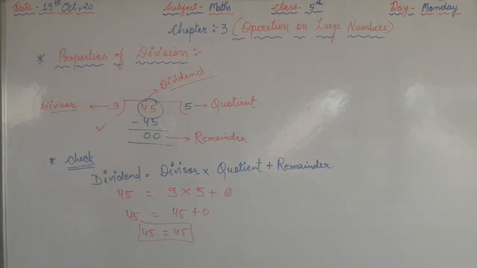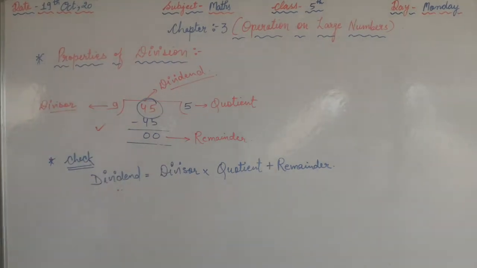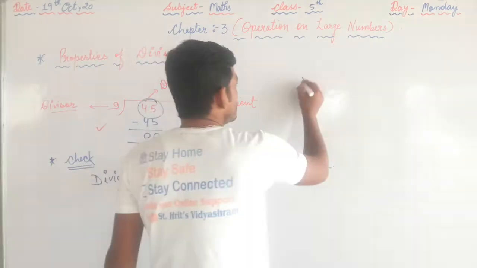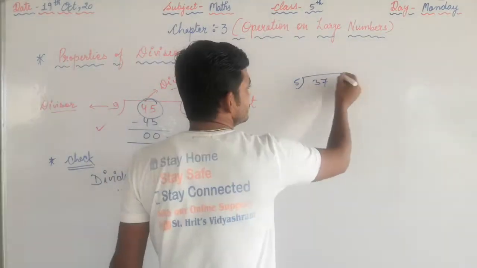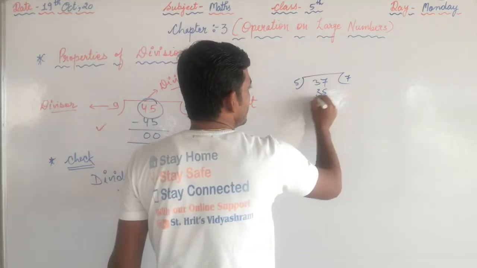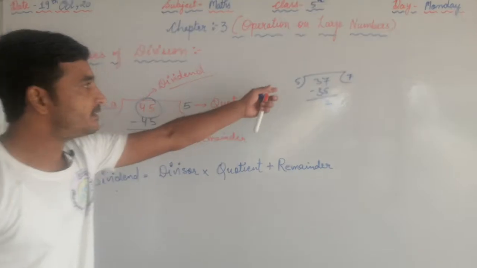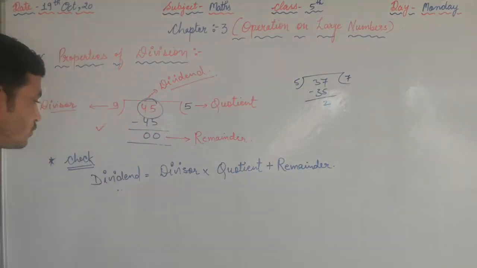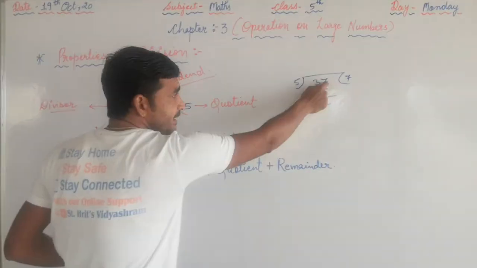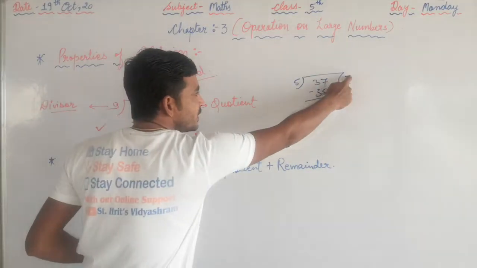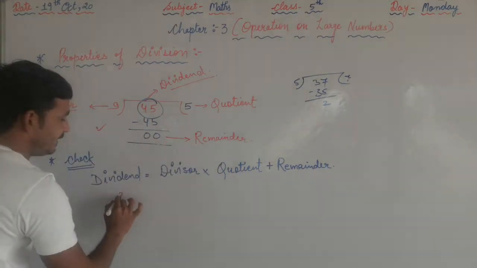Now one more example. Suppose 37 divided by 5. 7 fives are 35. What's the remainder? 2. Now let's check whether this division is correct. The dividend is 37.